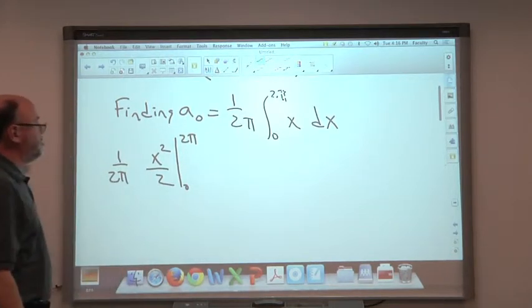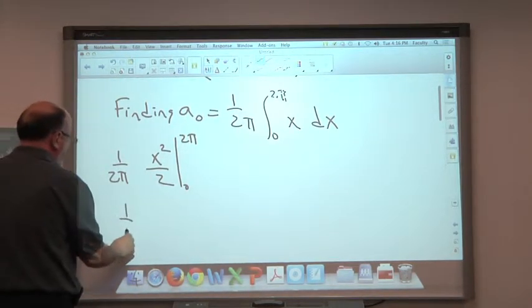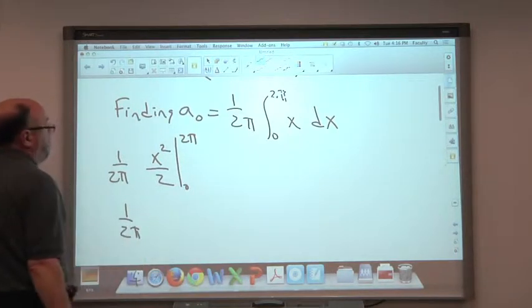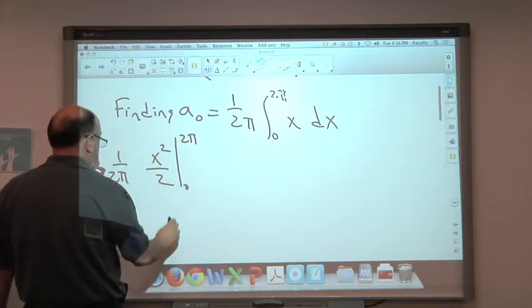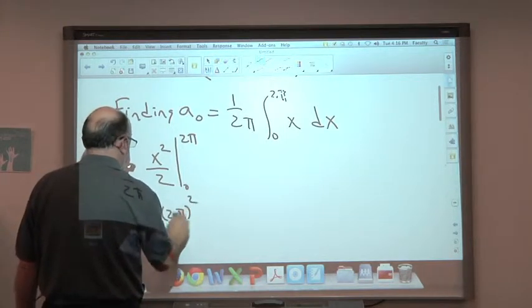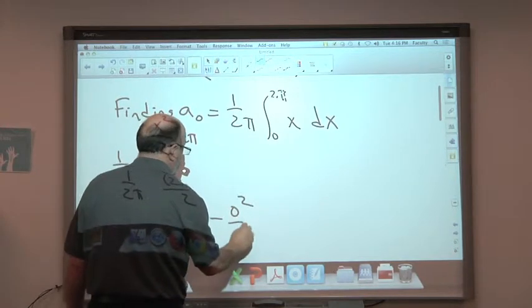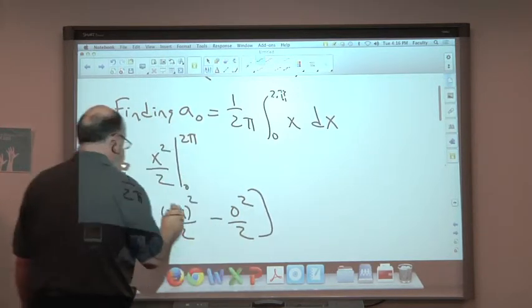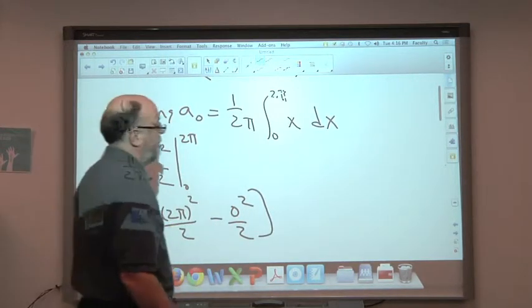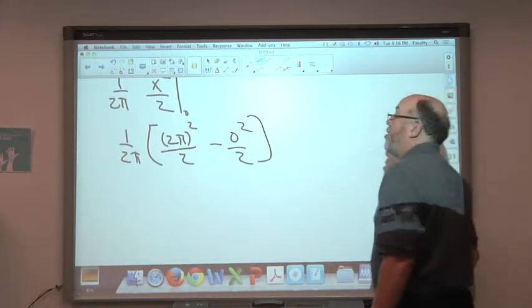So the next part is to plug this in and see what we get. This will be 1 over 2 pi, and this will give us 2 pi squared over 2 minus 0 squared over 2. The back term, 0 squared over 2, will go away.